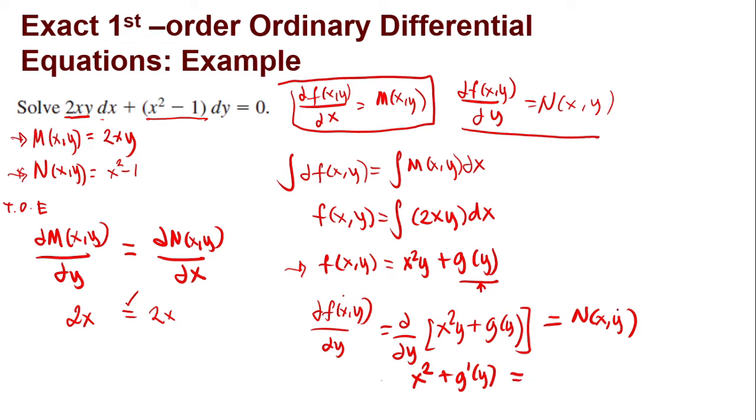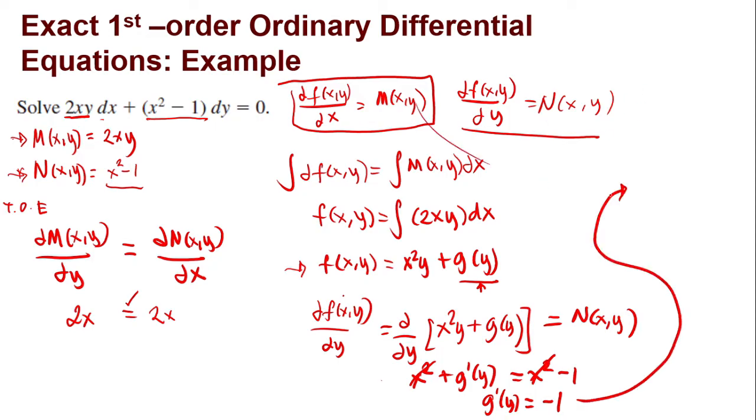Then we equate it to N(x,y), which is x squared minus 1. Rearranging this equation, x squared cancels, and we have g prime of y equals negative 1.